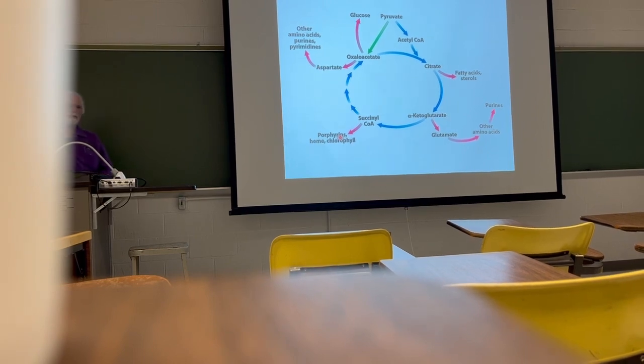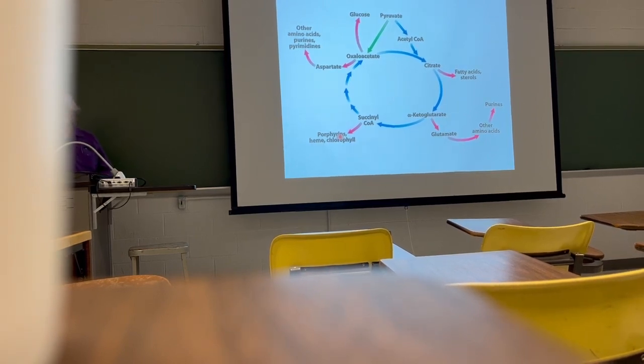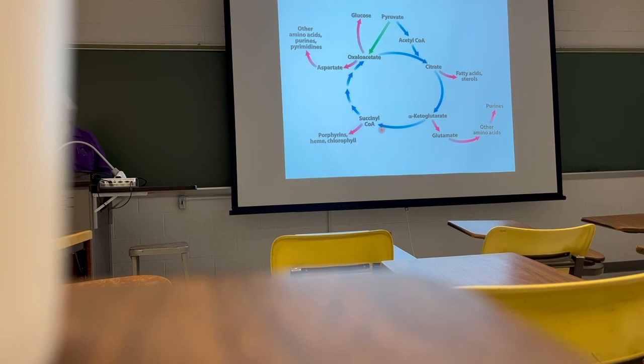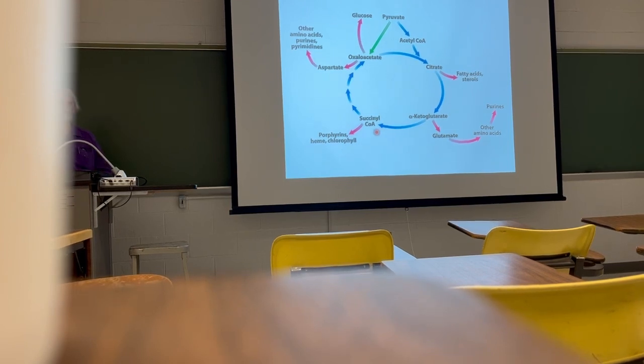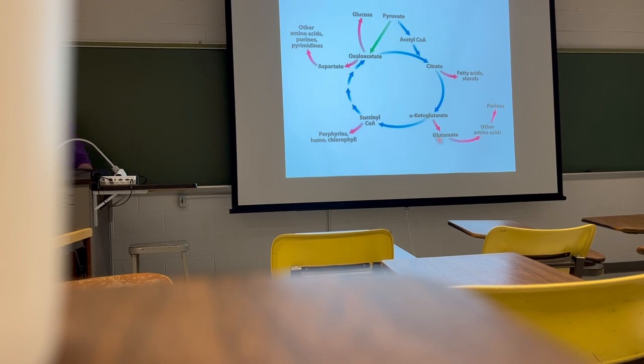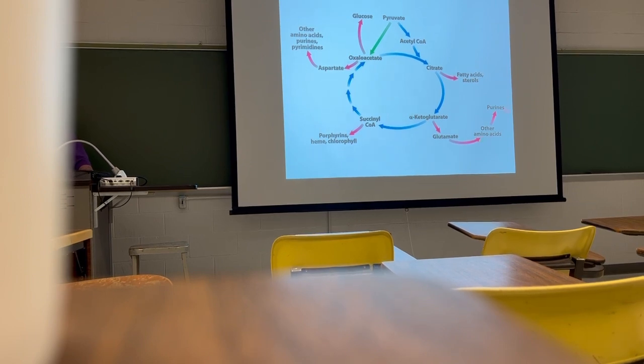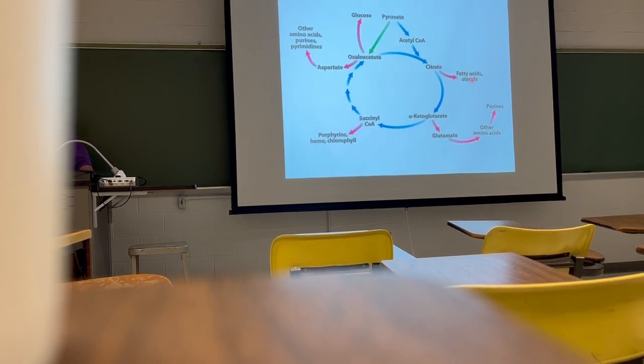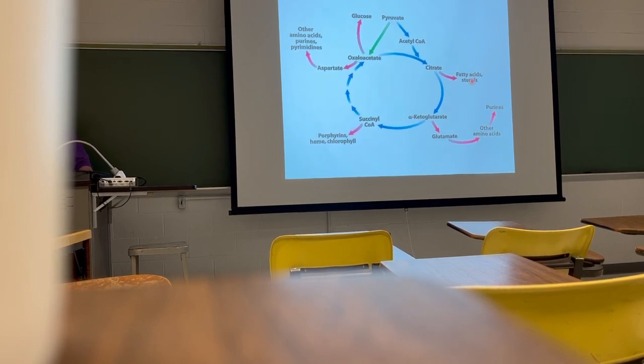So heme and chlorophyll are porphyrins that are made using carbons from succinyl-CoA. Alpha-ketoglutarate is a precursor for making glutamic acid, and glutamic acid is involved in synthesis of other amino acids and purines. Citrate is used for making fatty acids and some sterols. So there are connections between the citric acid cycle and lots of other metabolic pathways.